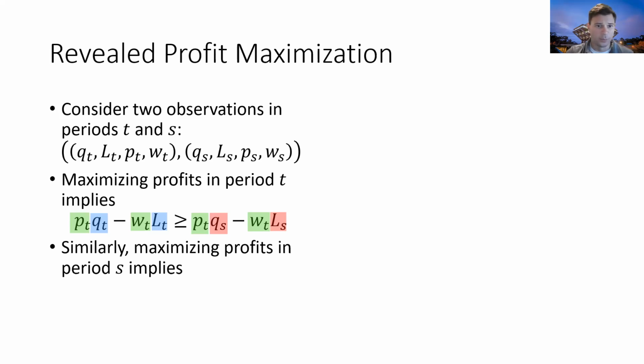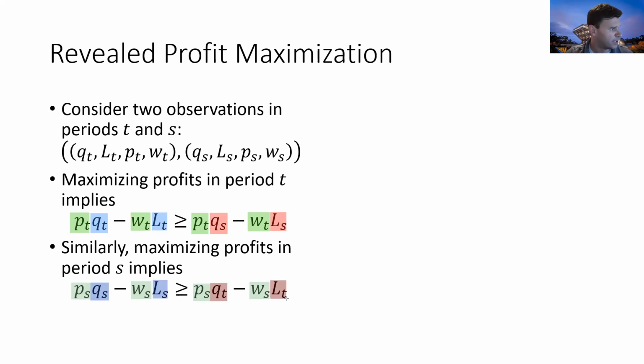We can argue similarly that if you're optimizing in period S, now we're looking at all period S prices, in terms of the price of output and the price of labor. If I'm maximizing profit in period S, then the actions I took in period S, QS and LS, must be at least as good as some other actions I could have taken.